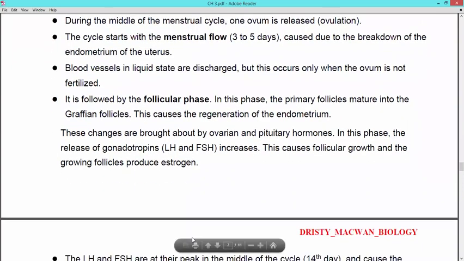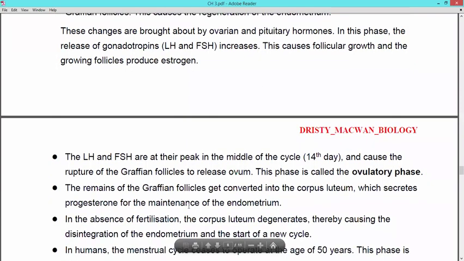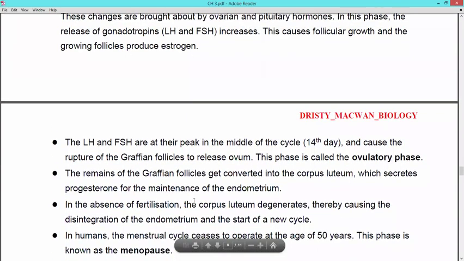Next, the LH and FSH are at their peak in the middle of the cycle. Once I explain this, we are going to see in the figure at which day and in which time of the cycle the LH and FSH will be at the peak, that is the highest.